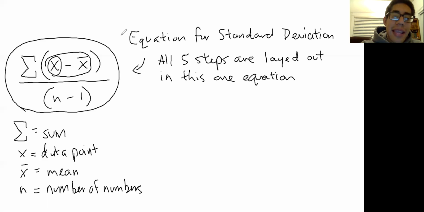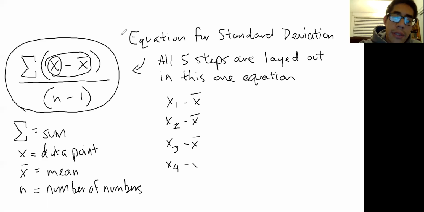Now, in this case, what's going on is the E is saying I need to sum all these. So since there were 5: x1 minus this, x2 minus this, x3 minus this, x4 minus this, x5 minus this.